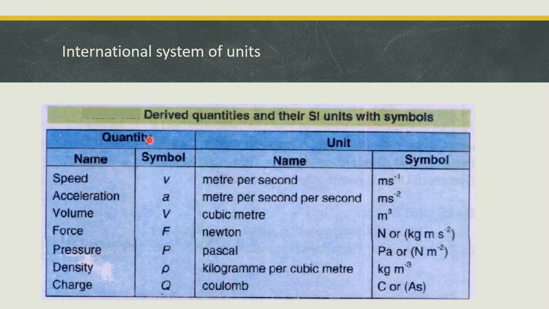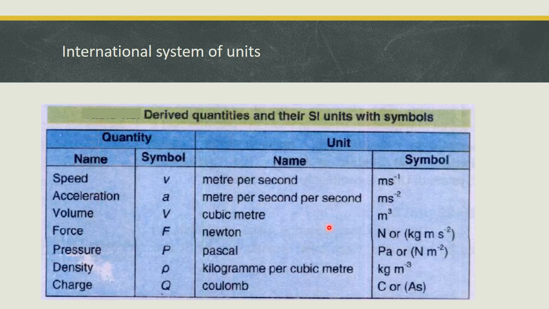So this table shows some derived quantities with their units. Just like we discussed in the previous slide, speed is meter per second and its symbol is m s^-1. This -1 means per second. Similarly, the unit of acceleration is meter per second squared.